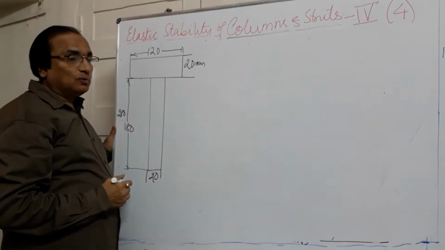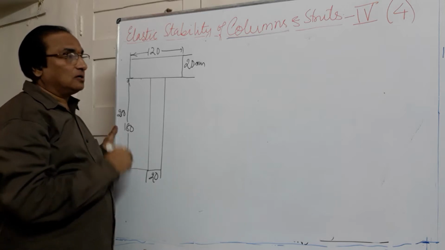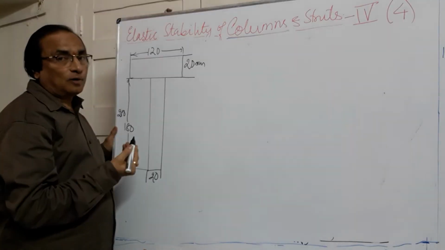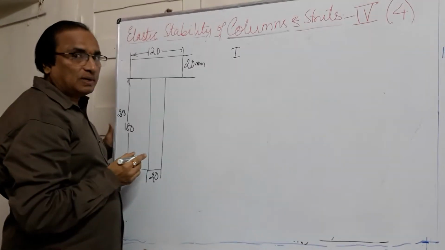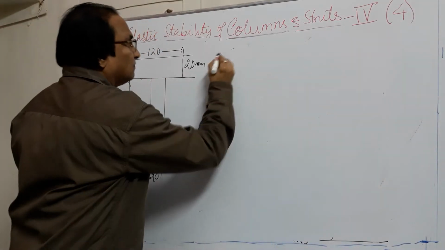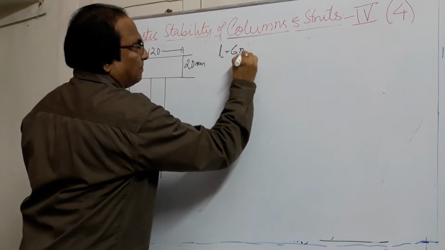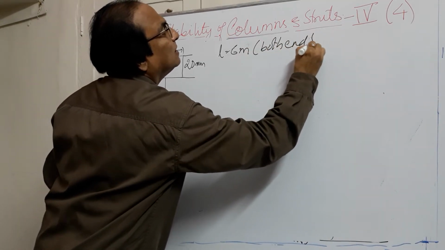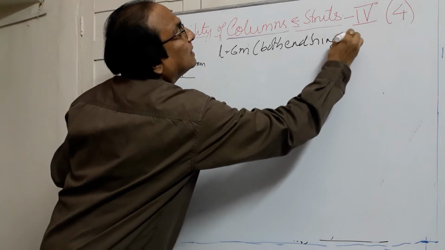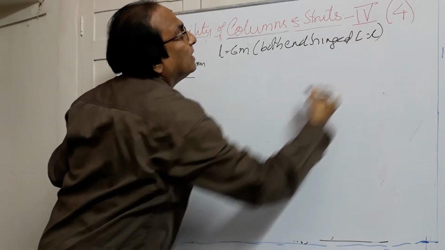So here you will have to find out the distance of the centroid of the T section either from the bottom or from the top. So first we will go for finding out the moment of inertia. The data given in the problem is: length of the column is 6 meters. Condition is both ends hinged. That means L will be equal to l.